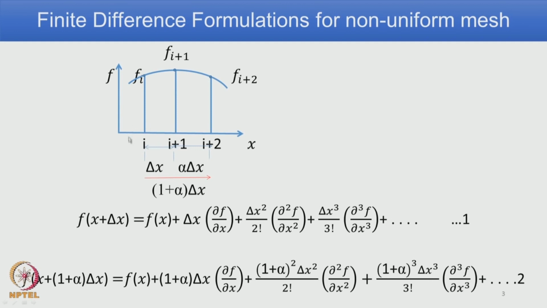So, if you write the expansion for the function at I with respect to I plus 2, then you get the formula written here, f of x plus 1 plus alpha delta x, as this. The only difference between equation 1 and equation 2 is that delta x is replaced by 1 plus alpha delta x. Everywhere, delta x squared, for example, is replaced by 1 plus alpha squared and delta x squared, and so on.